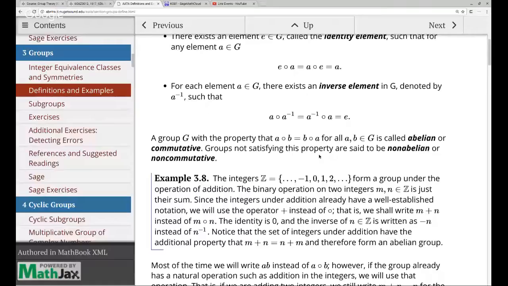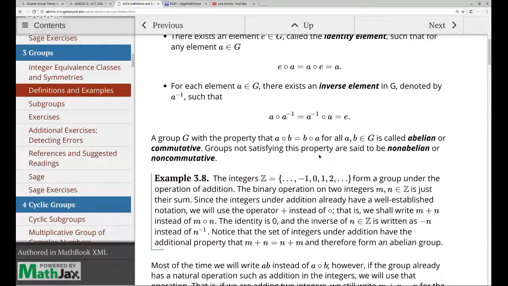So all these features have to be present in the underlying set. Okay, so integers under addition, yes. Integers under multiplication, no. In some of the other examples and in the exercises, it takes you through some of the other familiar numerical examples, like the real numbers, rational numbers, and so on. So there's a few other positive and negative examples that you can construct with the other number systems.